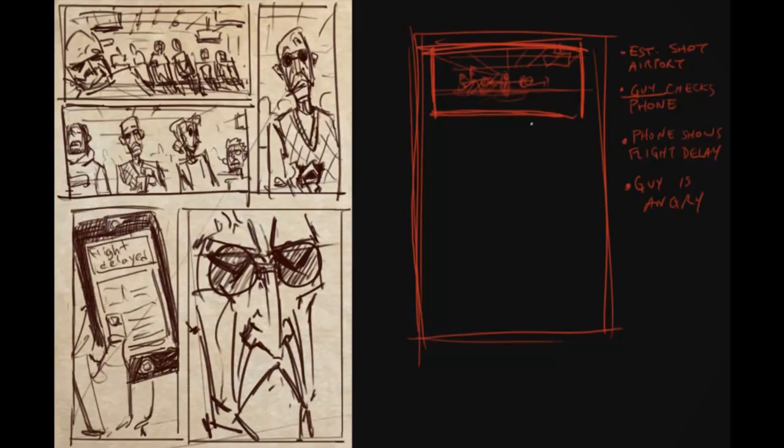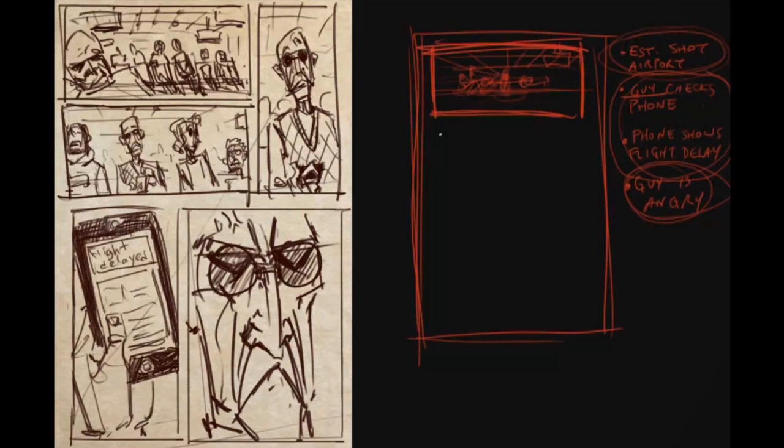So the next thing is that these two, so this is the establishing, this feels like one thing. And then these two, the checking the phone and the phone showing the flight delay seem like one thing. And then this one, the guy angry, seems like one thing, because this is where it's at, and this is his reaction to that. So the first thing is, yeah, you establish it here in a long shot, what this guy is about.